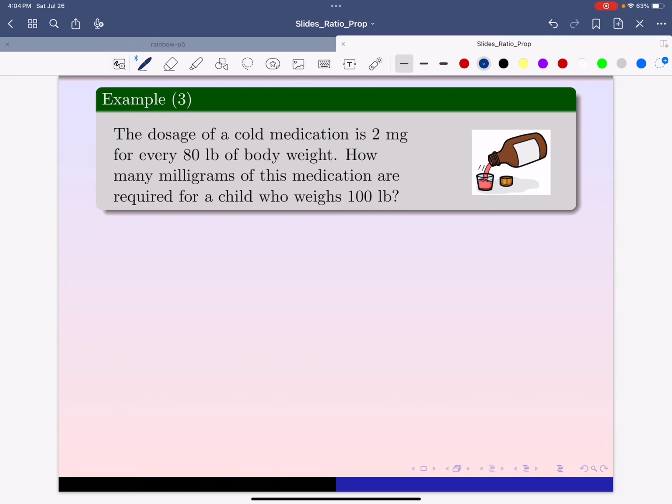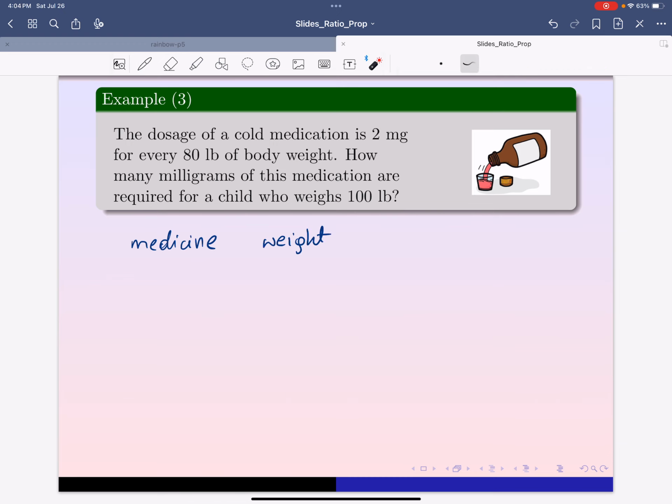Example 3. The dosage of a cold medication is 2 milligrams for every 80 pounds of body weight. How many milligrams of this medication are required for a child who weighs 100 pounds? The best way is to set up a proportion. On one side we have medication, and on the other side we have body weight.